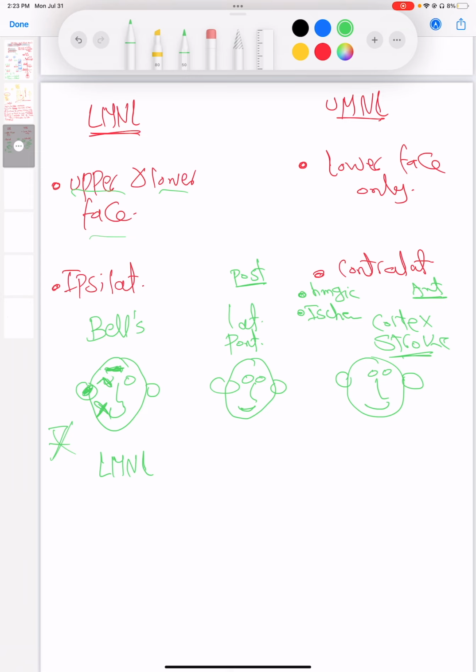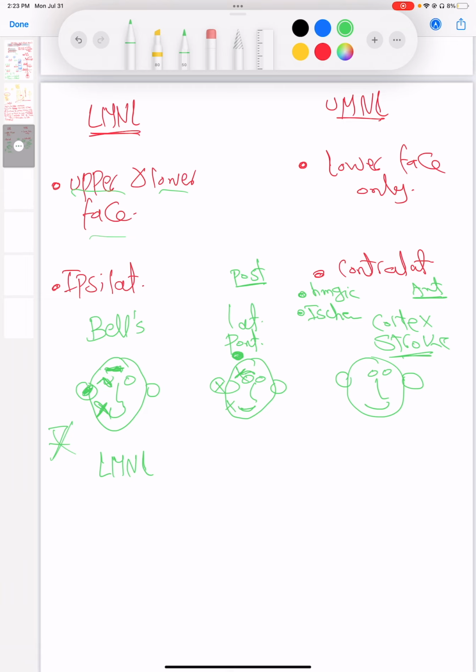Okay, let's move to lateral pontine. In lateral pontine syndrome, we said the facial muscles are ipsilateral to the lesion. So if we have the lesion here on the right side, we have the symptoms ipsilateral, so we'll have upper and lower face weakness, orbicularis oculi weakness, and stapedius weakness.